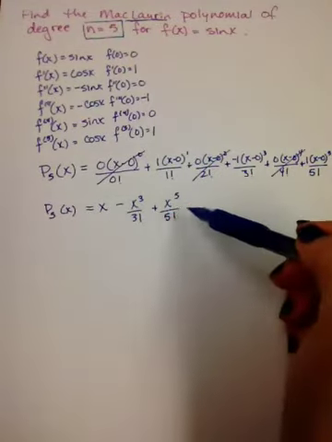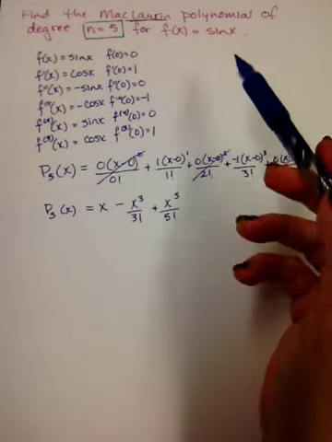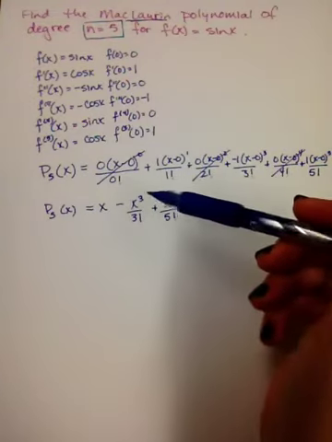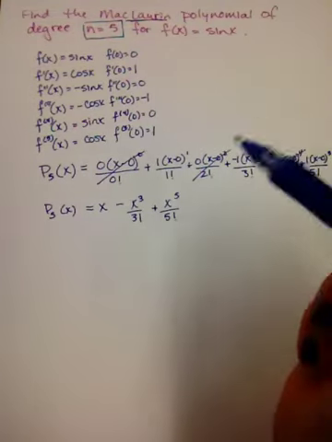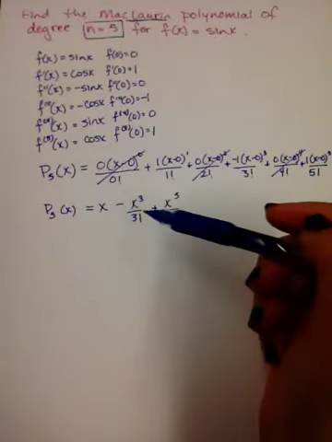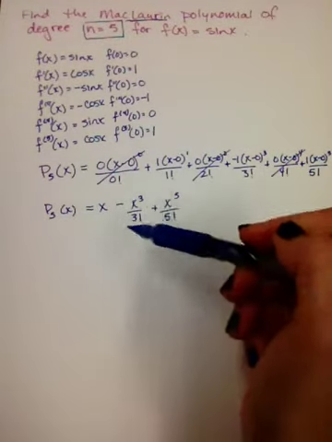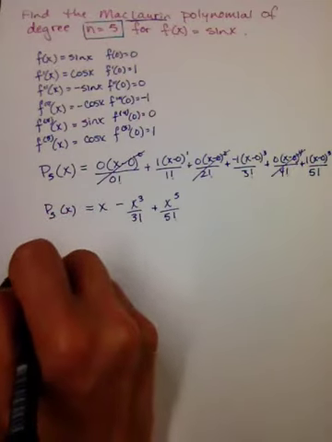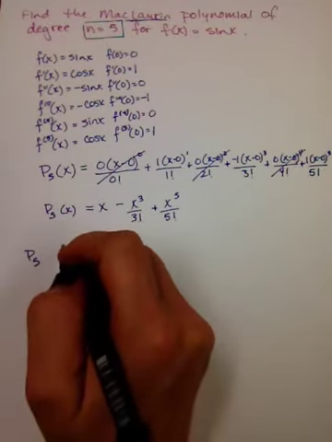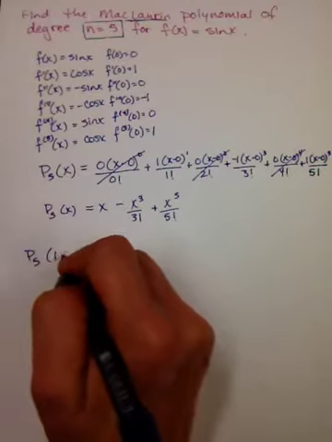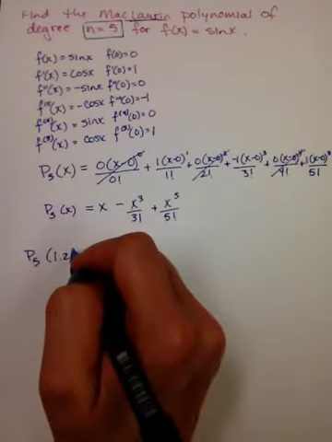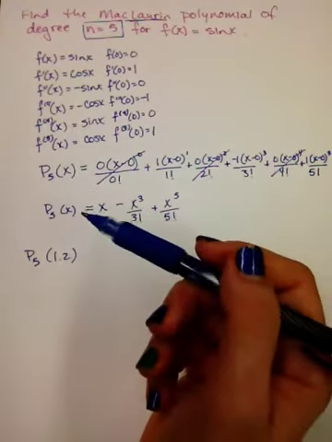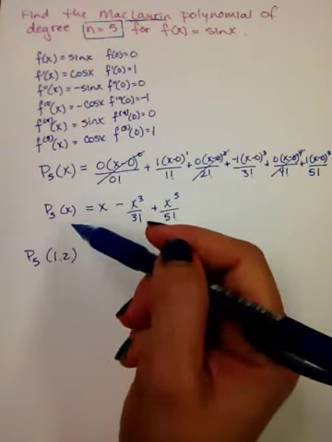So this polynomial will match sine of x up to a point. But if you want to know how much you're off by, you can actually just plug in some values to see. Now, the closer to where you're centered, the better the estimate this should be for your actual function. So if we wanted to check, say, P sub 5 of 1.2, we're not that close. In math terms, you can get a lot closer because I could be using this to estimate at 0.2 or something like that.